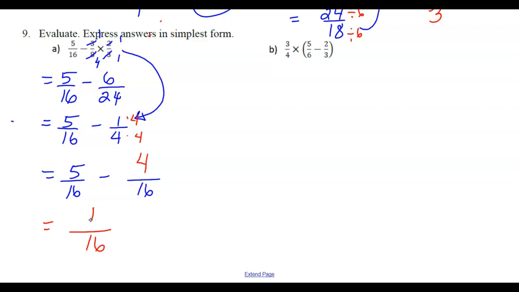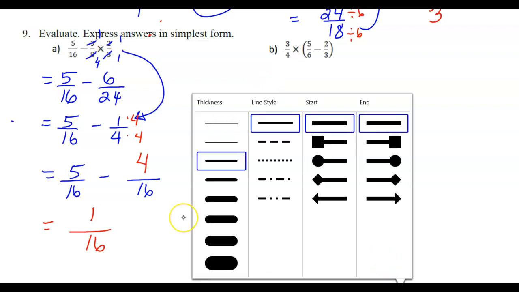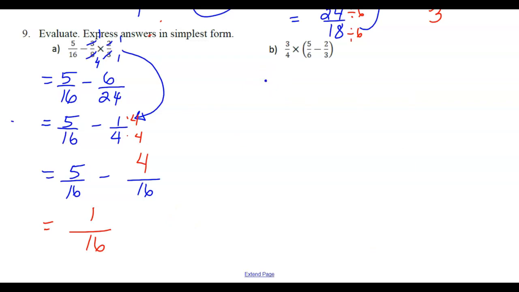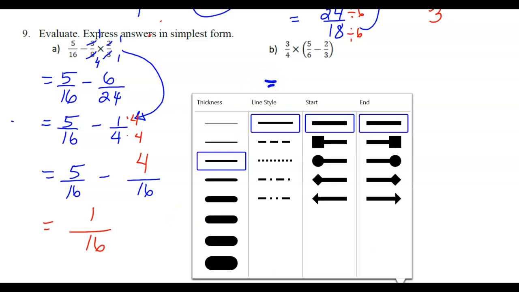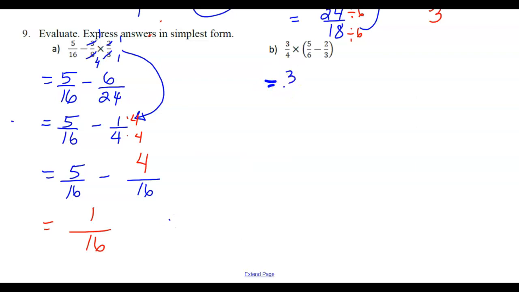So just order of operations, multiplying before subtracting. In B, we've got brackets. So we've got to do the brackets before multiplying. Okay, so in the brackets, need a common denominator. Luckily, 3 goes into 6, so that's going to be our common denominator. So I'm going to need to multiply by 2, top and bottom.